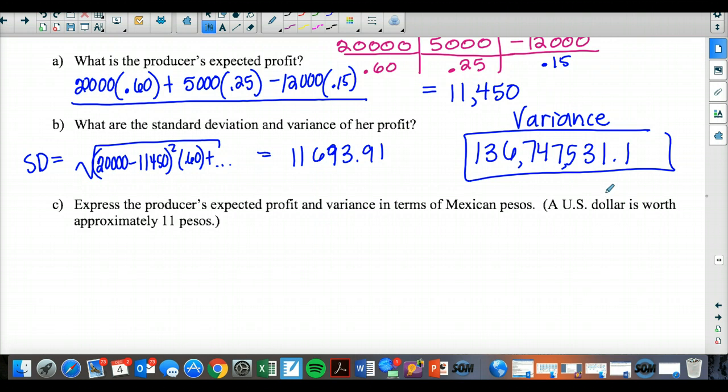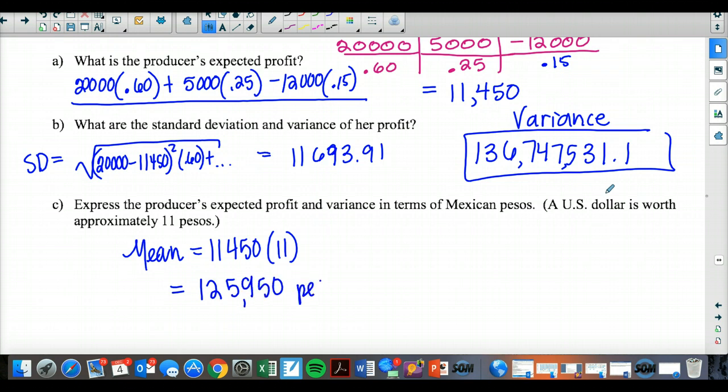Okay? So if we have to express his profit and variance in terms of Mexican pesos, the mean is 11,450 times 11 pesos. And that ends up being 125,950 pesos.